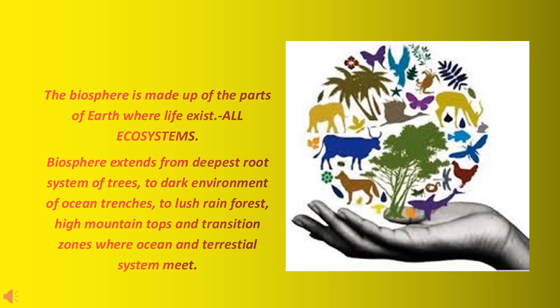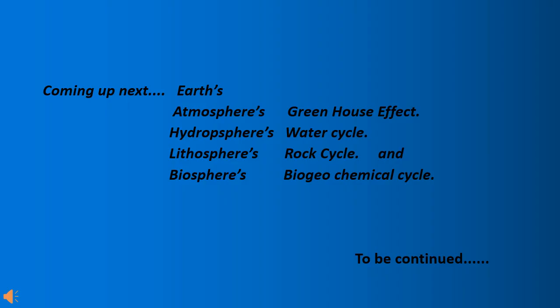The biosphere is made up of all parts of Earth where life exists, all ecosystems. Biosphere extends from the deepest root system of trees to the dark environment of ocean trenches to lush rainforests, high mountain tops, and transition zones where ocean and terrestrial systems meet.